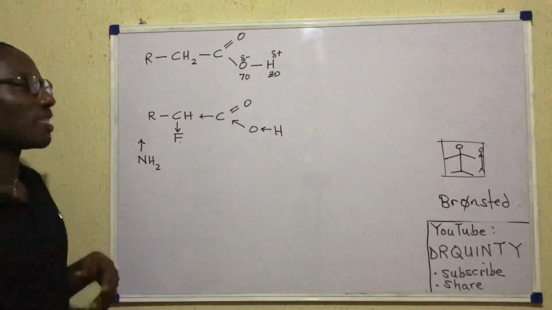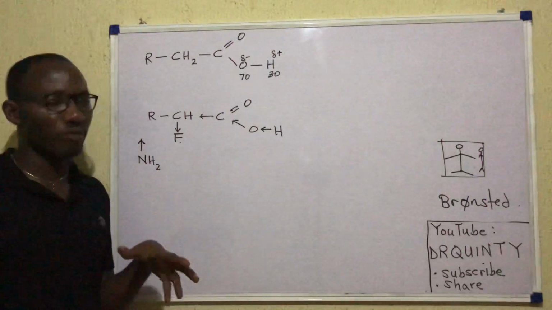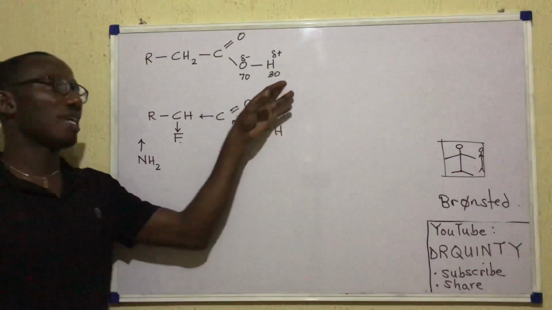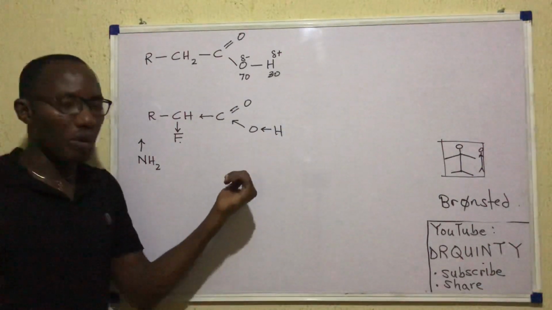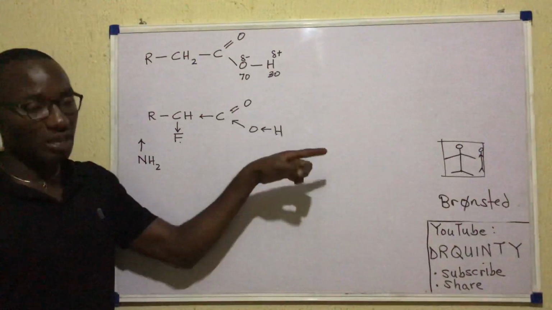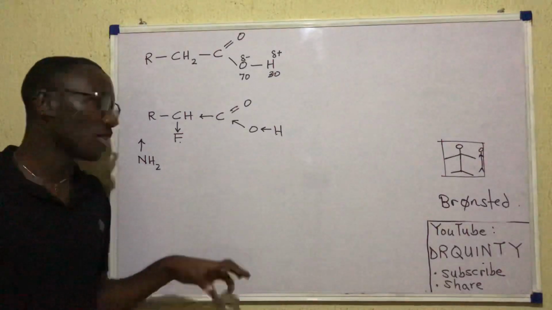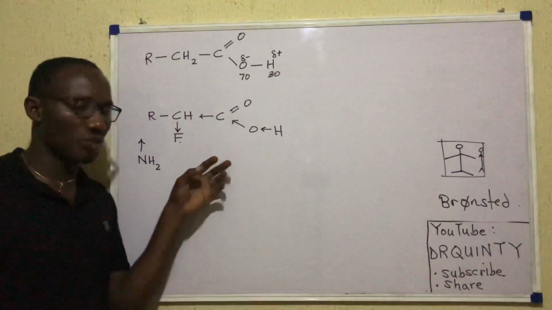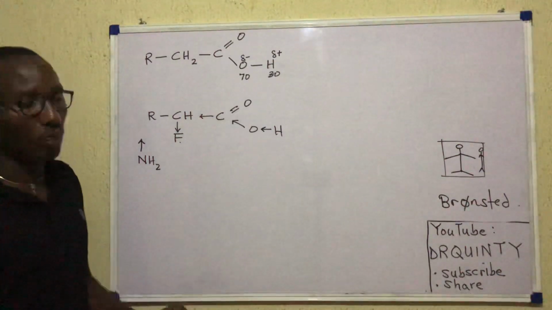Imagine going from 70-30 to 60-40. That means that the hydrogen will be more willing to stay back, and the ease of that hydrogen leaving will be reduced, and that means acidic strength will also drop.